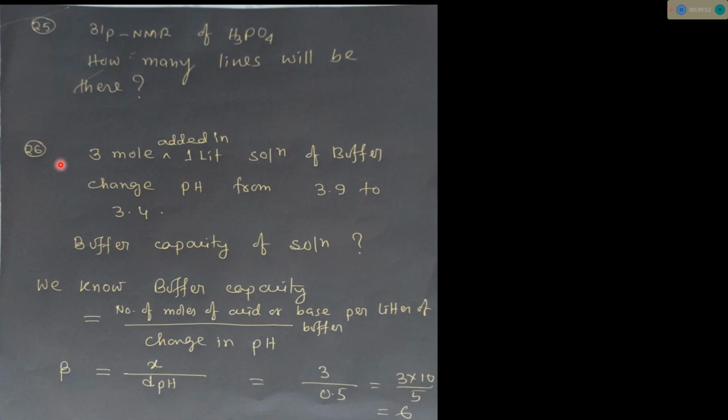So the next question, the last question of part 2. We will try to upload more videos as soon as possible. So 3 mole of HCl, or some acid, was added to 1 liter of buffer solution, and the pH changed from 3.9 to 3.4.